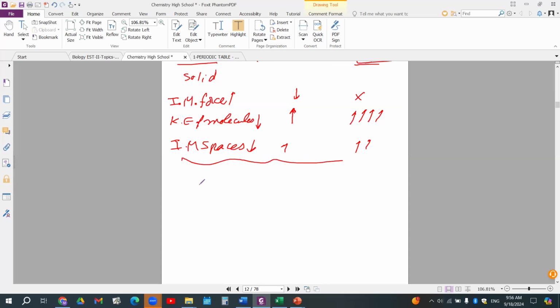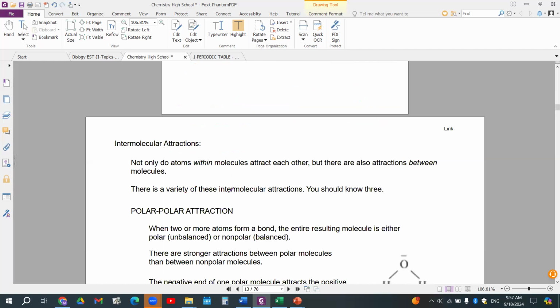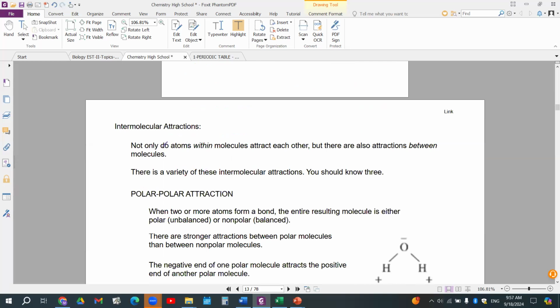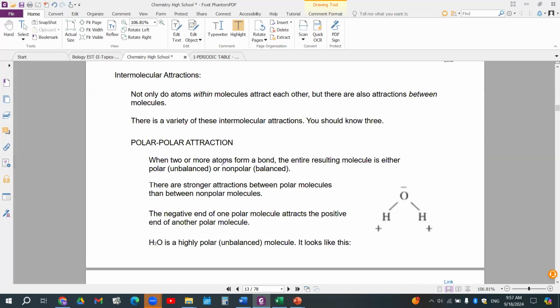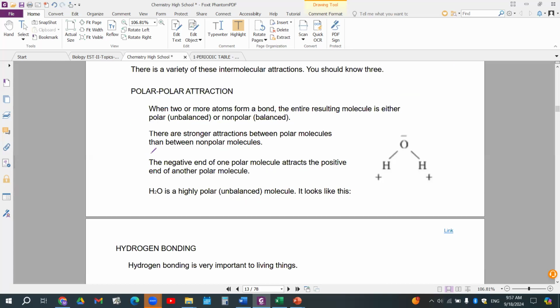How do molecules bind to each other? Polar attraction: when two or more atoms form a bond, the entire resulting molecule is either polar or non-polar. There is strong attraction between polar molecules, like water.